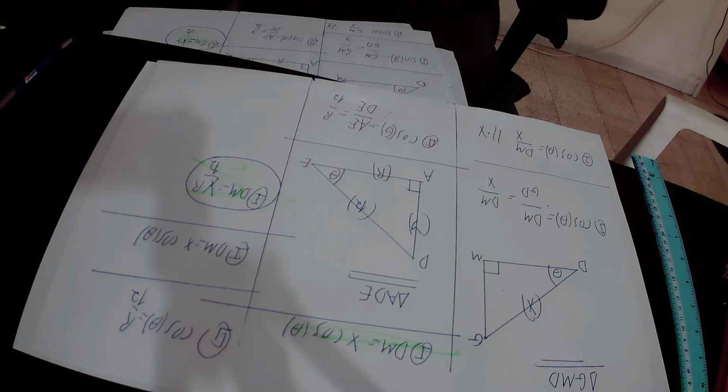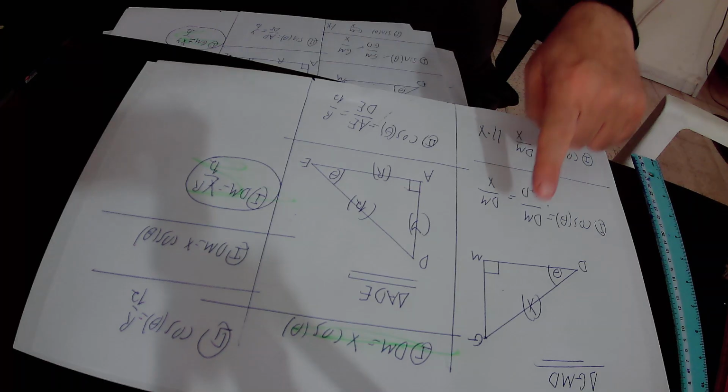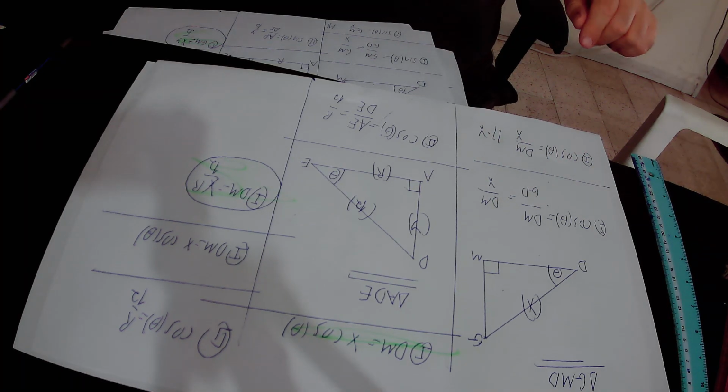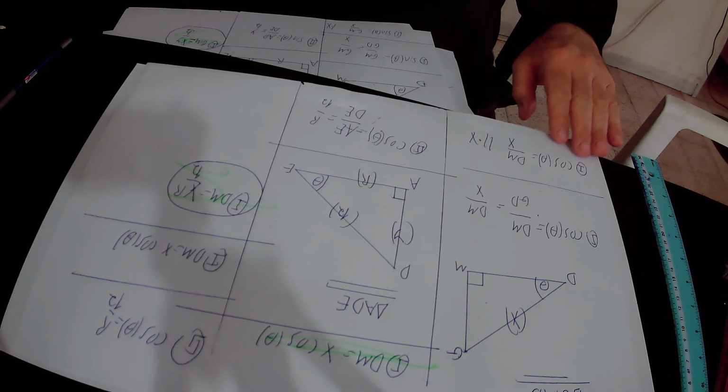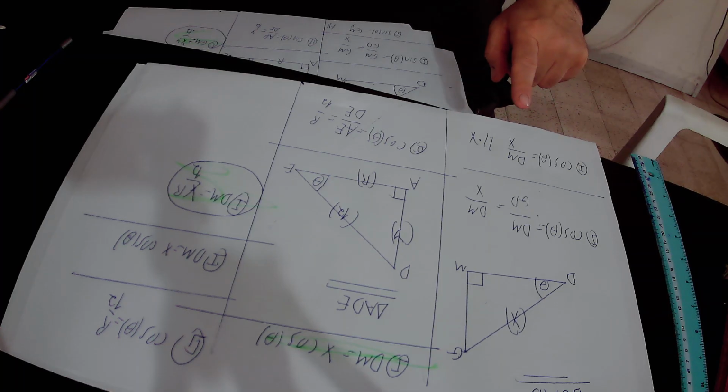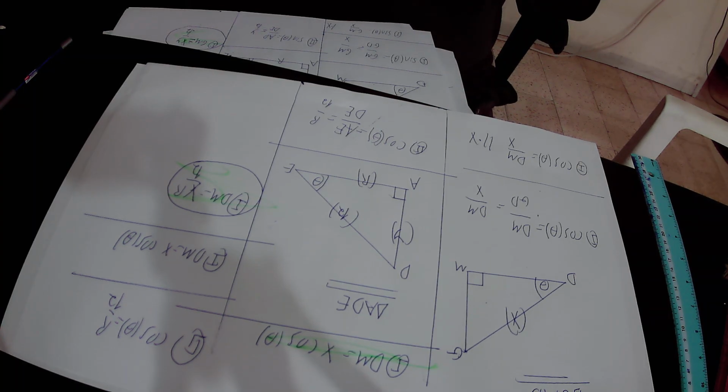DM is the missing side, so we leave it as it is. GD is x, so substitute GD by x. So according to equation 1, cosine theta equals DM over x. Here we multiply this equation 1 by x, and finally find that DM equals x times cosine theta.